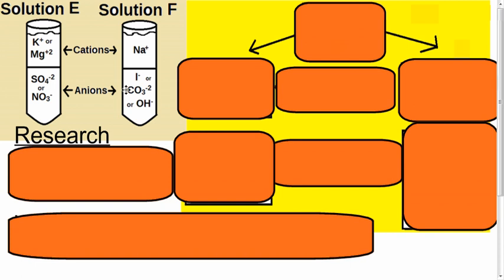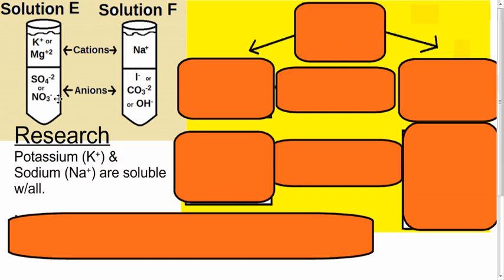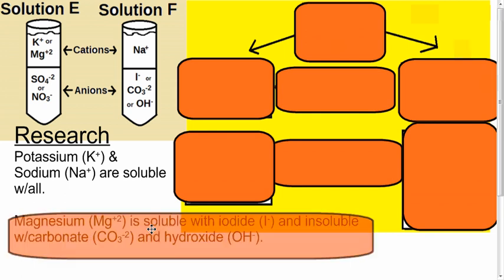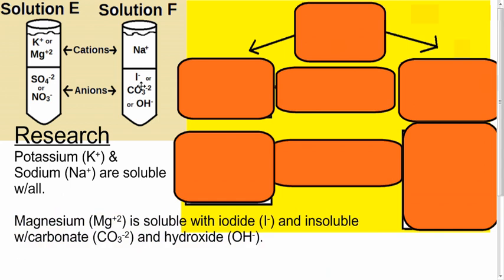All those group 1 metals are very soluble. And so the only thing I'm concerned about is magnesium. The last thing I need to look up is how soluble magnesium is with these three anions. So magnesium is soluble with iodide, but it's insoluble with carbonate or hydroxide.